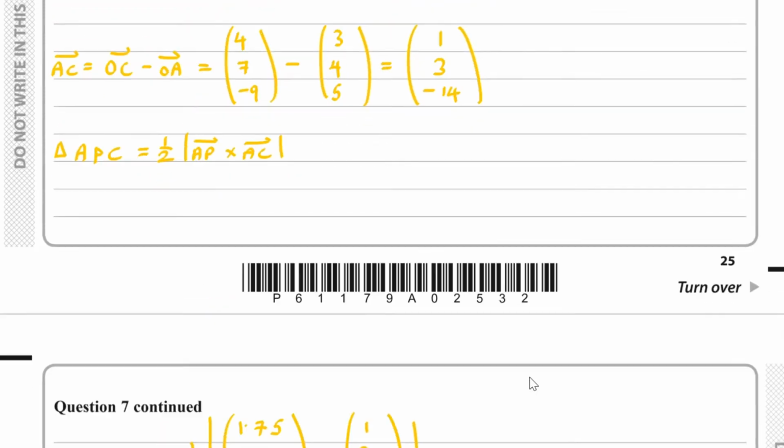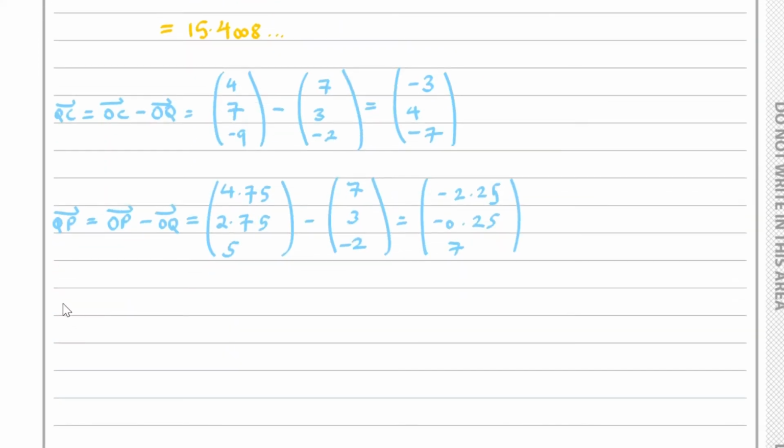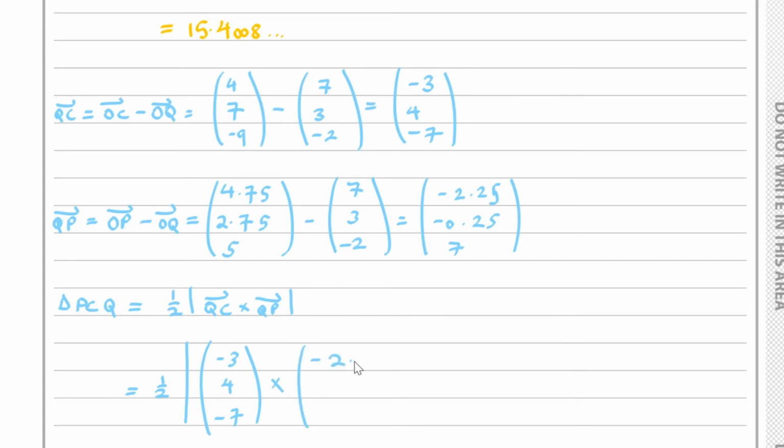Okay, so similar to what we did over here, we now need to find the area of PCQ, and that's equal to 1/2 times the magnitude of QC cross QP. So we have 1/2 times the magnitude of (-3, 4, -7) cross (-2.25, -0.25, 7).